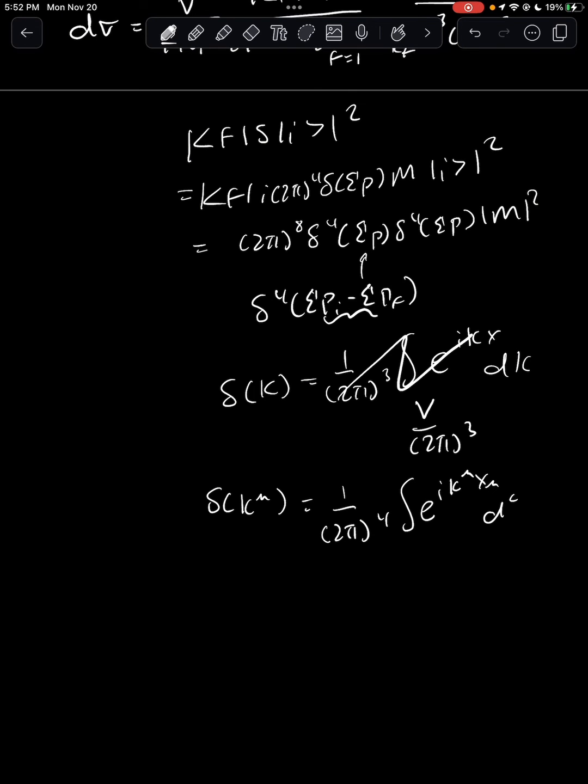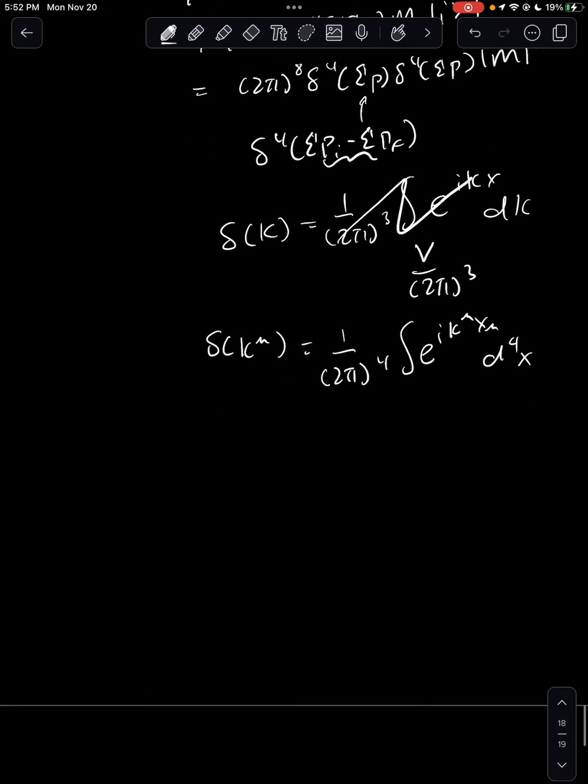Then over 4-volume. Now 4-volume is just going to be dt and then the 3-volume. And again, using the same logic, the particle is in a box, so the spatial integral is going to be finite. But what about time? Time is still going to go from minus infinity to infinity, right?